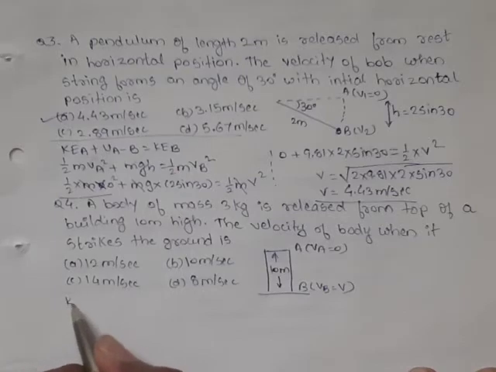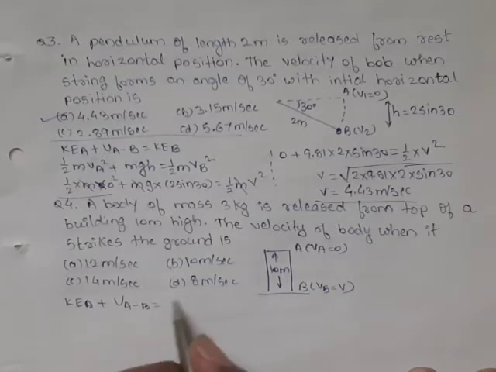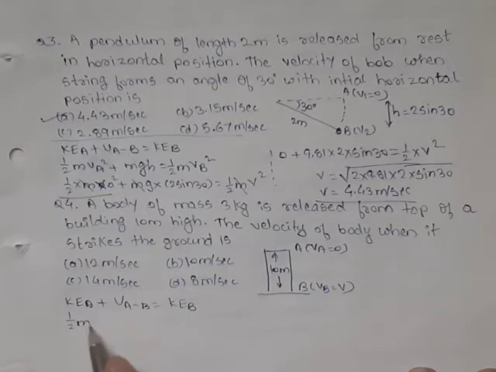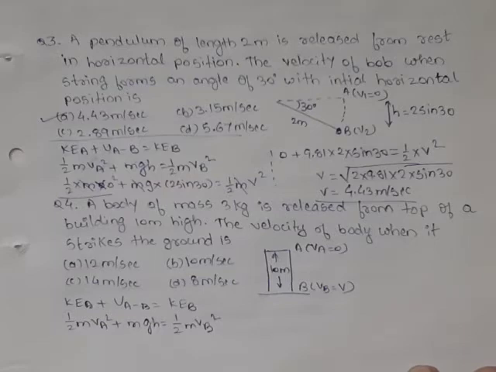By the work energy principle, kinetic energy at point A plus work done to move the particle from A to B equals final kinetic energy, or 1 half m VA square plus mgh equals 1 half m VB square. Initially the kinetic energy of the particle is 0.